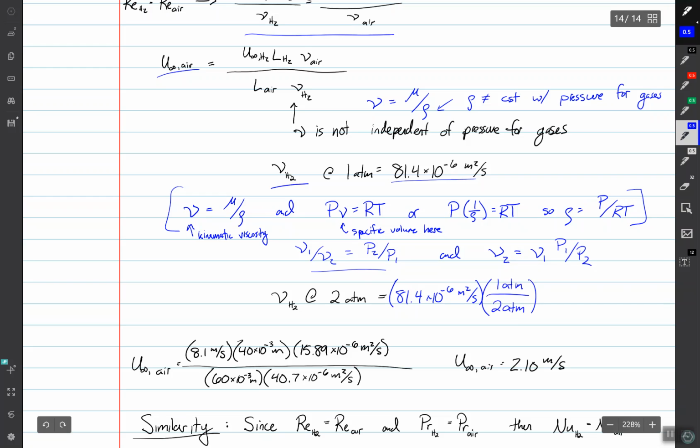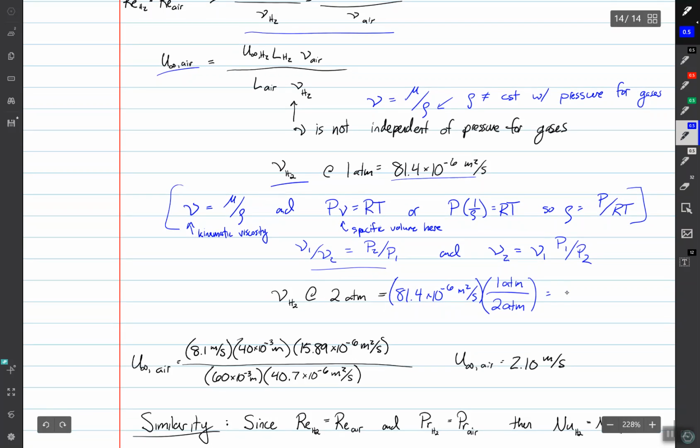The pressure on the top, where we got this number 81.4, divided by the pressure that we care about, 2 atmospheres. So our kinematic viscosity in our real case is 40.7 times 10 to the minus 6 meters squared per second.